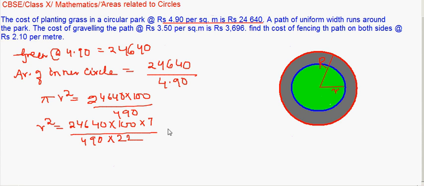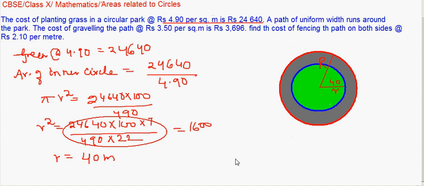If you solve this part, it will be giving us 1600. So r is 40 meter. The small r is now calculated to be 40 meter.